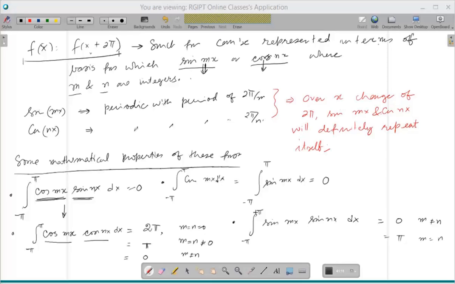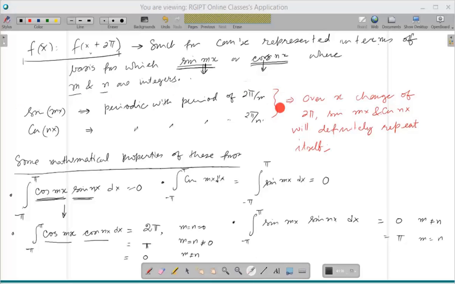So what we have done is we are going to choose the families of functions sin mx and cos nx as our choice of basis functions. And the reason for that is essentially two things.